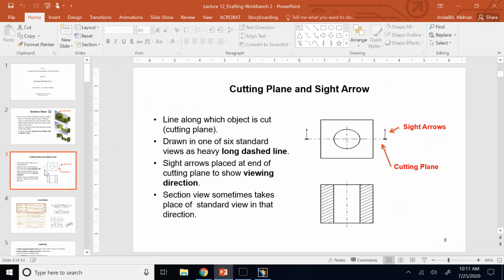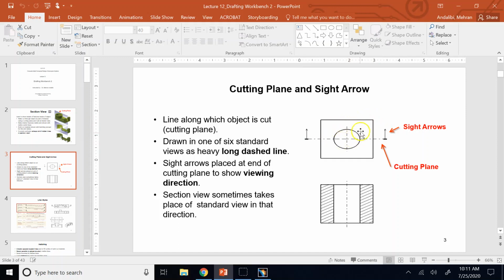The other thing is, okay, now how do I show the cutting plane in drafting? So the cutting plane symbol is very similar to an axis. So it is going to be a dashed dotted line. The only difference is at the end you have thicks, okay? So at the end the lines are thick, and also there is an arrow to indicate the direction of the view, right?